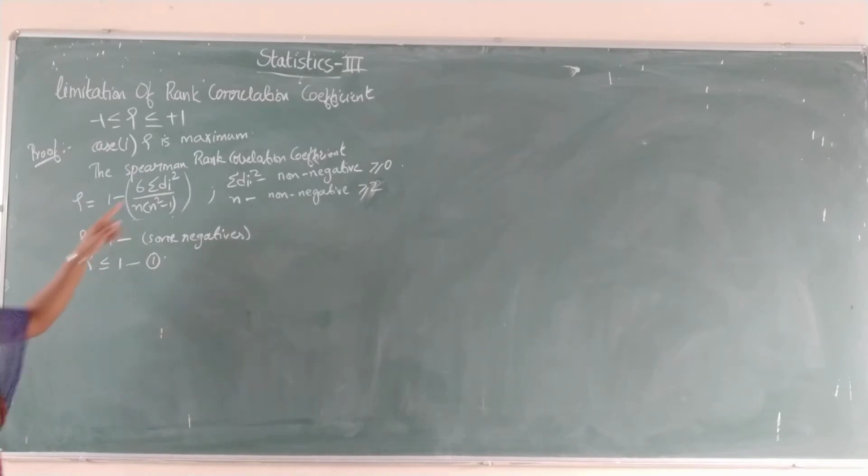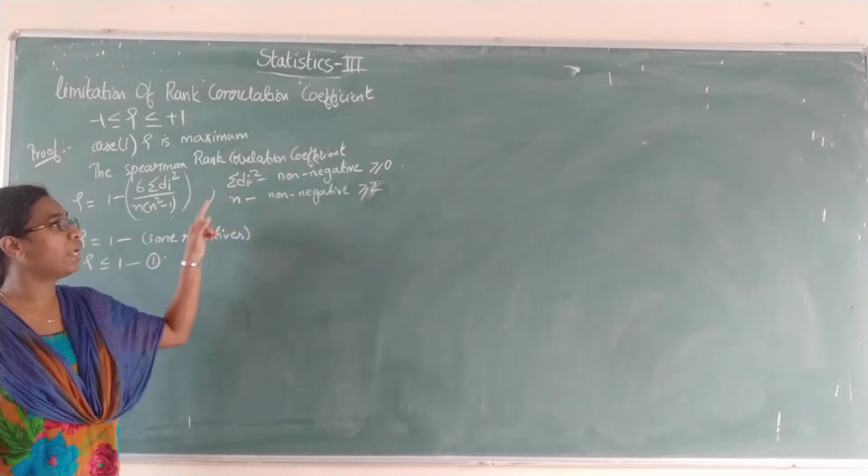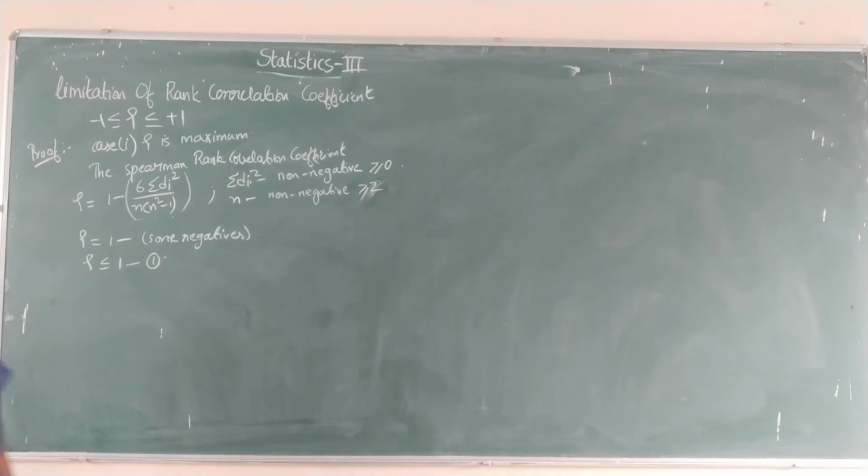Since di square is non-negative and n is also positive, this is 1 minus some value, so obviously 1 is the maximum value you are going to get for rho.